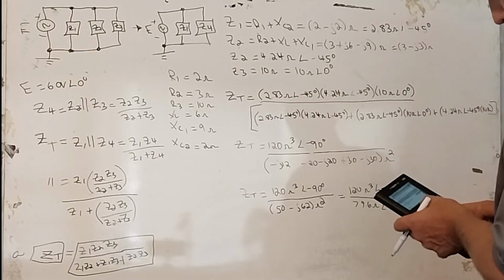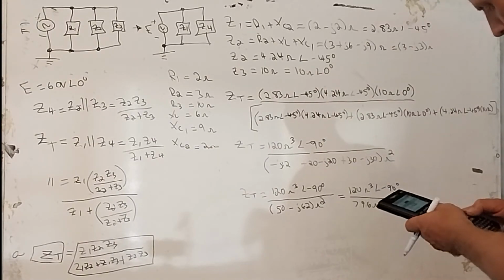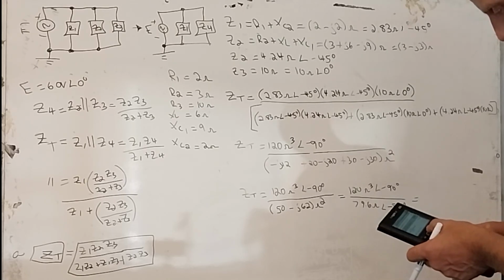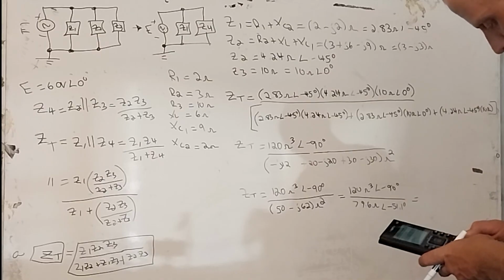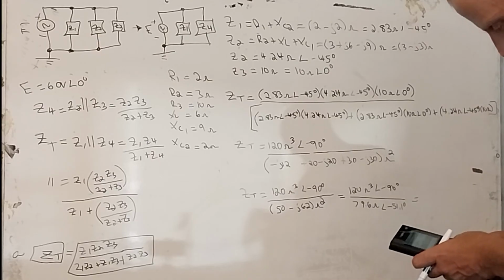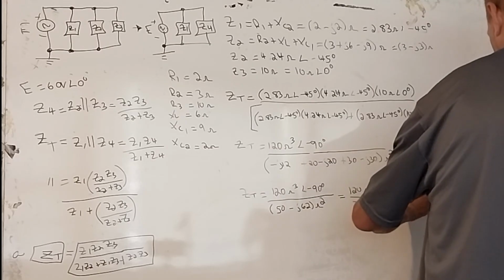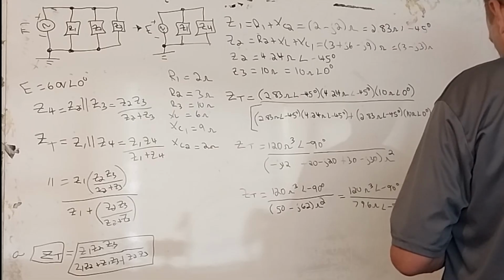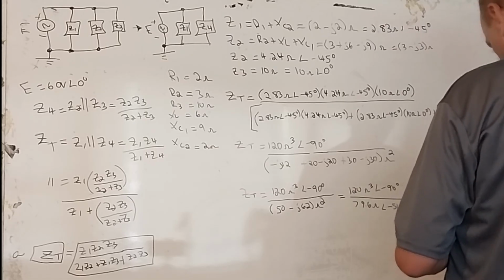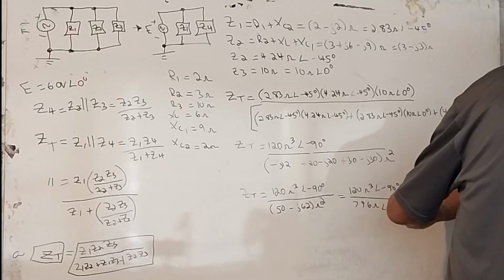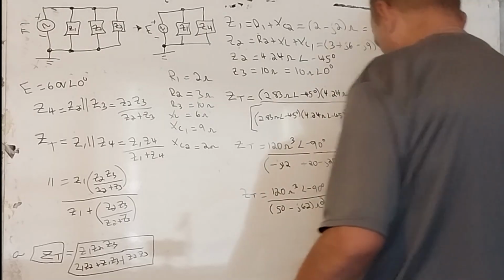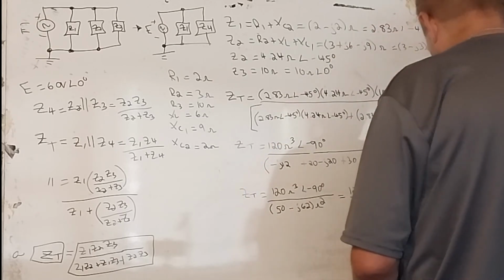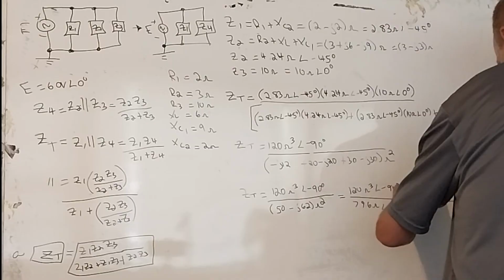We take the 120 divided by that 79.6 and do it right. 1.51 ohms at an angle of negative 90 minus negative 51 becomes a plus 51.1, negative 38.9 degrees. This is consistent with the answer that's in the back of the book. 1.52 ohms at an angle of negative 38.89 degrees. I'm happy with that.